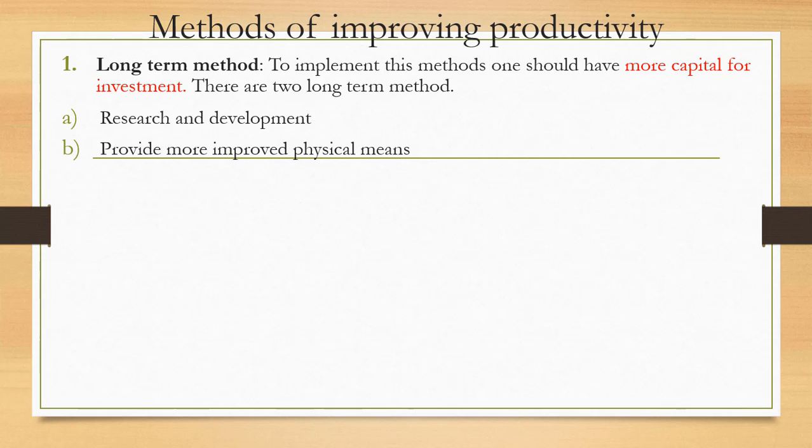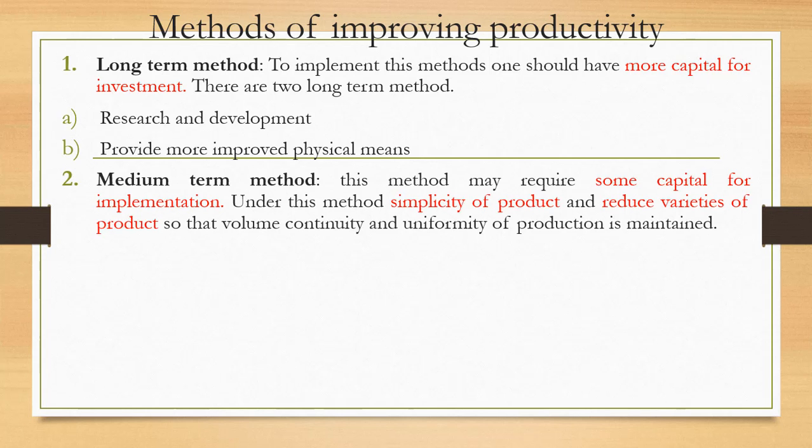If we are using a lathe machine to turn our job, and if we can replace the lathe by CNC, then we can say that CNC has more production rate, more qualitative production, and productivity can be increased. So it is also a long-term method to replace the existing technology with advanced technology, and it requires more capital investment. Second method is the medium-term method.